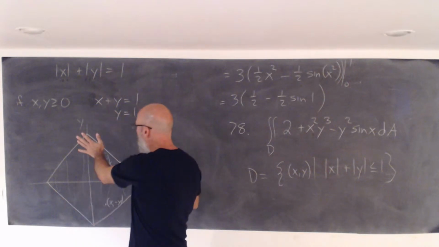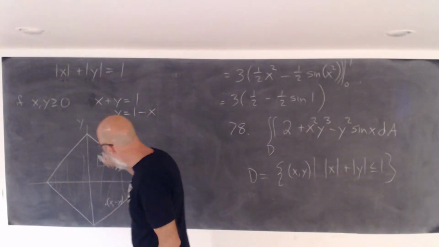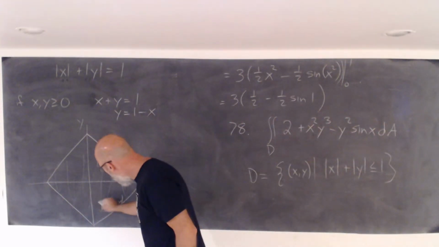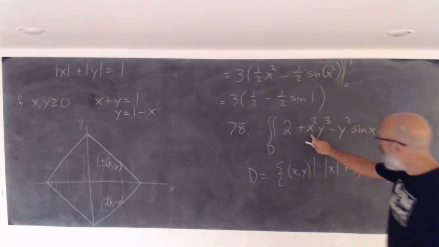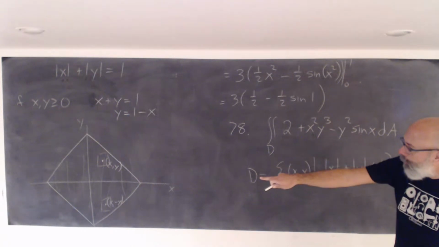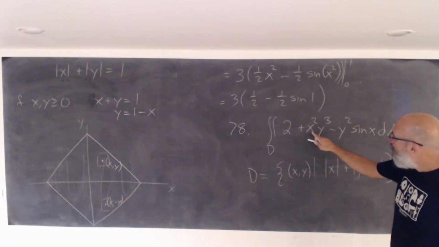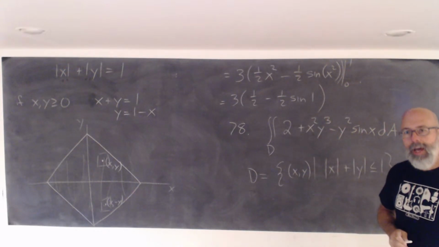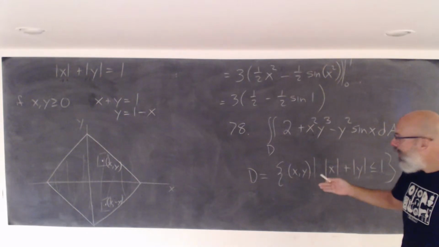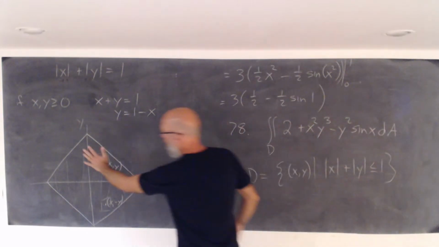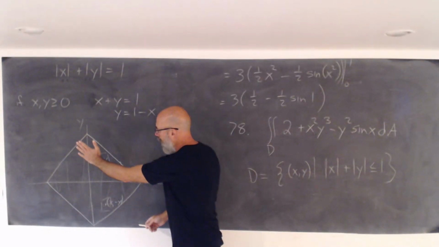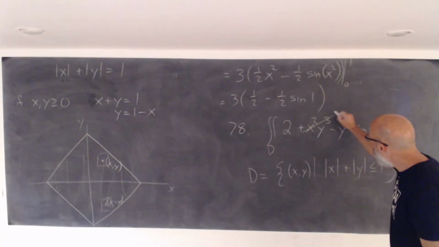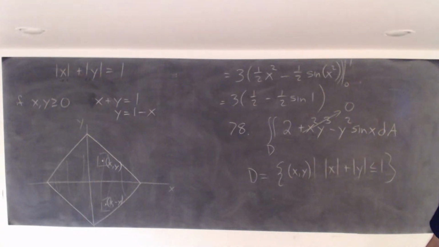Near this point, you're going to have this positive height, x squared y cubed. And near the other point, if you plug in (x, negative y), you get x squared times negative y cubed, which is negative x squared y cubed. So you get a negative height there. Positive height here, negative height there. They cancel themselves out. This term integrates to 0.